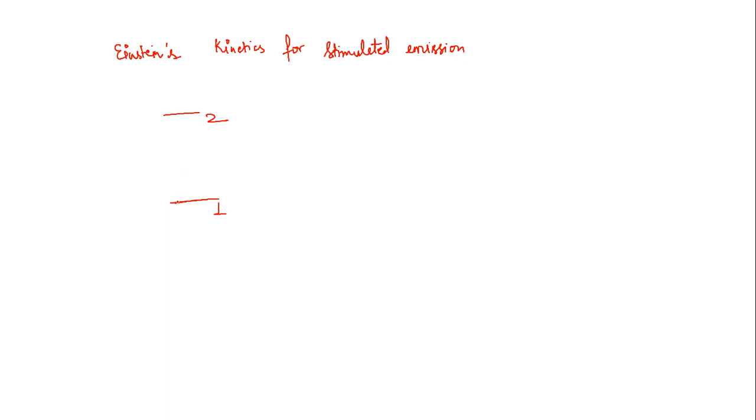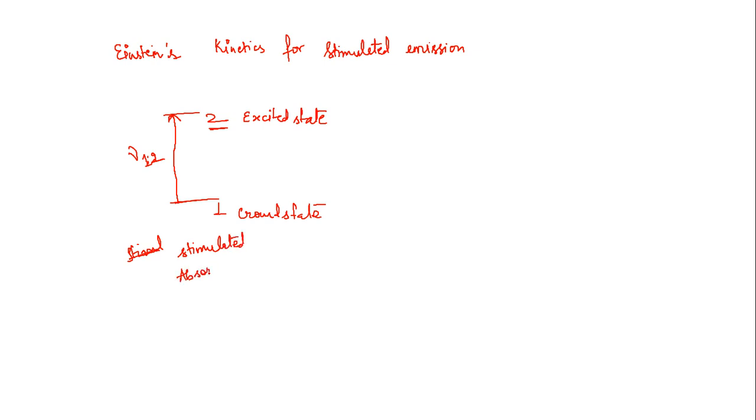The first one is that the system absorbs a certain frequency of light nu 1 to reach a higher energy state. This process where it absorbs a beam of light is called stimulated absorption.